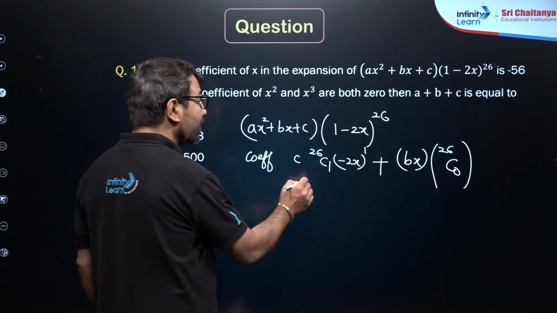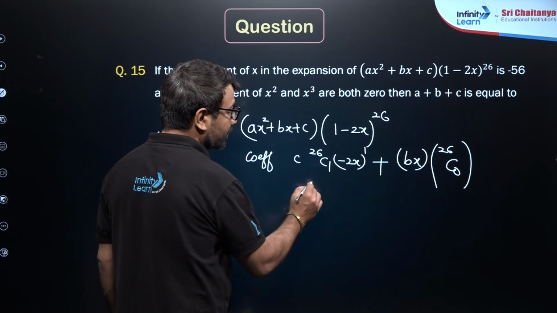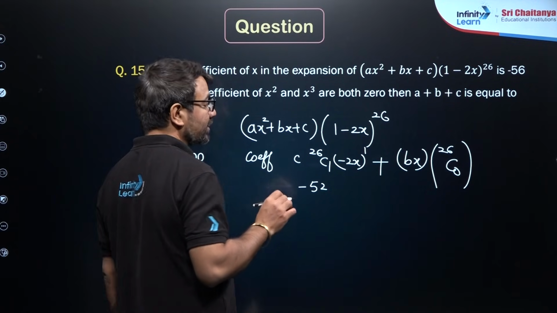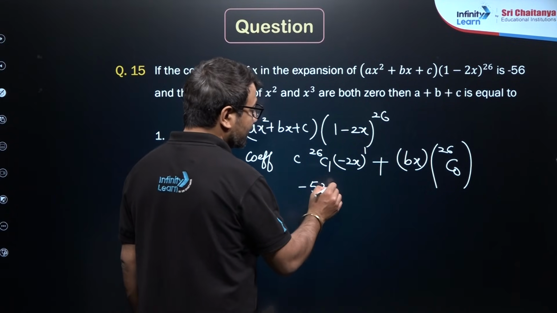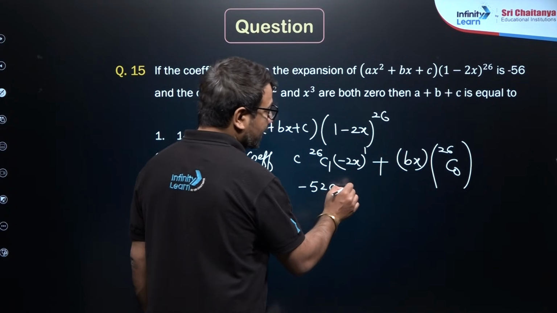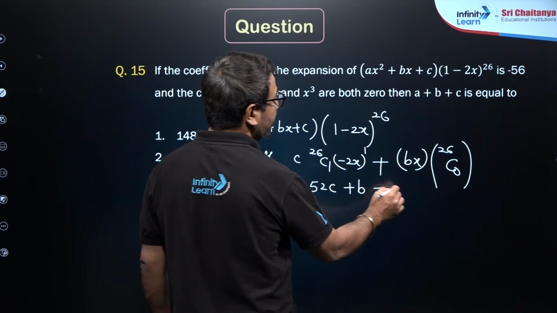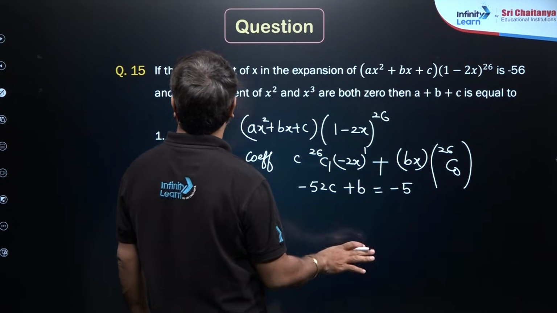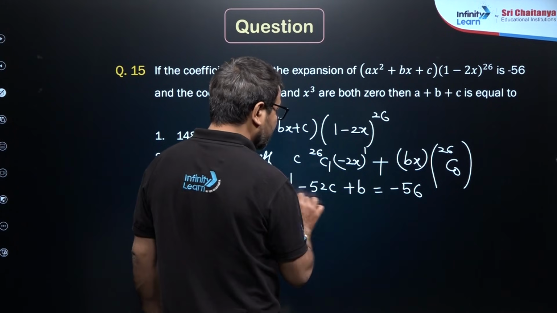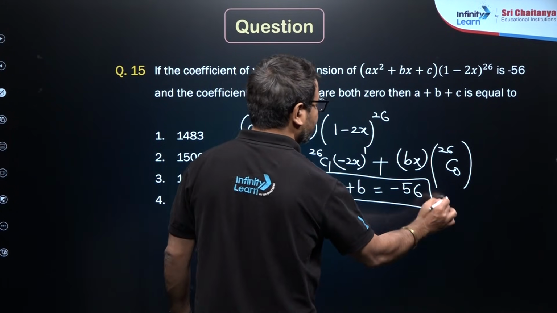Only the coefficient part is -52, because 20C61 is 26, -52c, and then plus b, and this is equal to negative 56. So this is the first relationship.